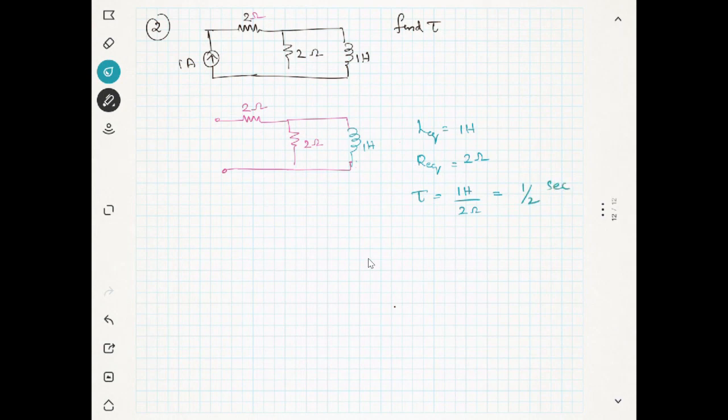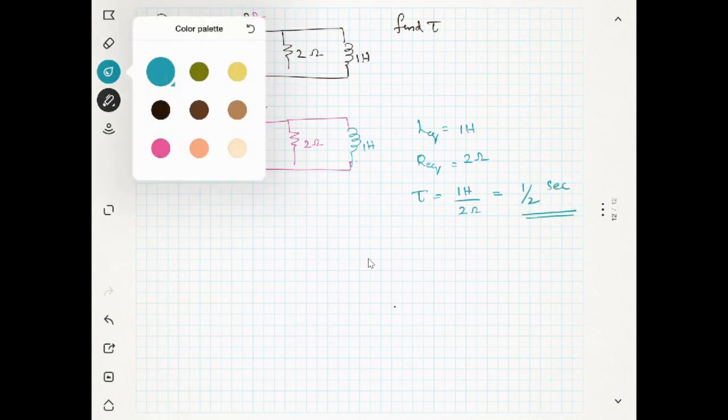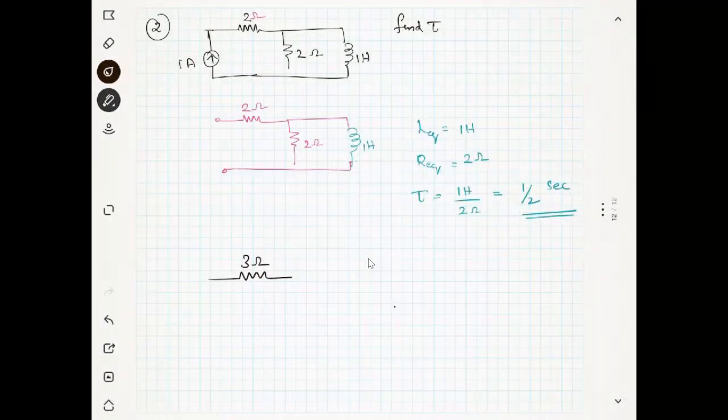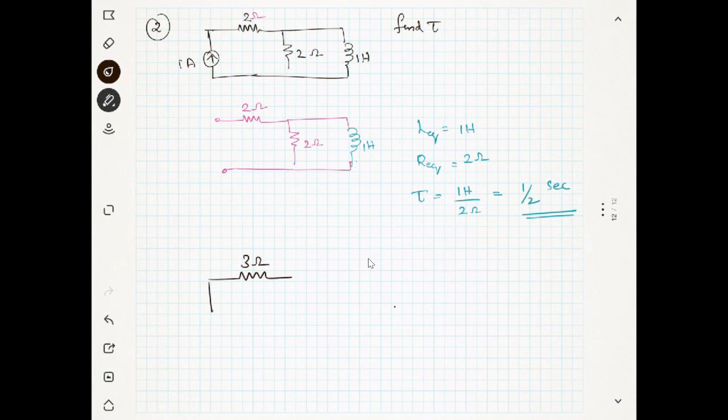Doctor, why don't we consider the other 2 ohm resistance? Because if you see like this, what is the current through that? Can you tell me? Zero. There is another way to see this.